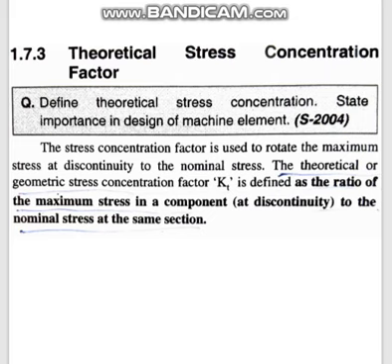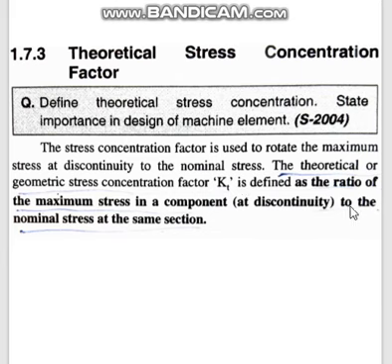Dear students, let us discuss this topic, theoretical stress concentration. Two days back we already discussed this topic, and again we are covering it, the theoretical stress concentration factor. Otherwise it is called the geometric stress concentration factor, given by capital K suffix T. The T stands for theoretical, and capital K is the stress concentration factor.